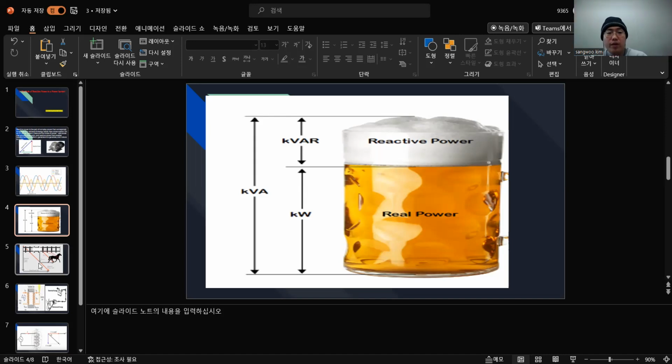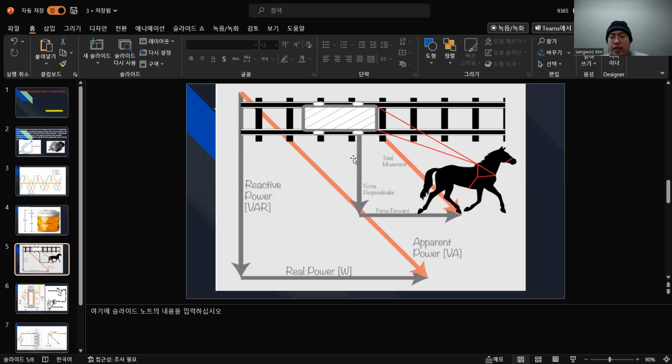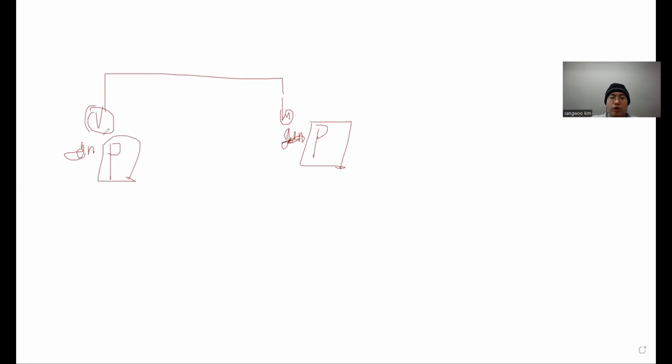Let's see more. It's also related to dynamics a little bit, and I will try to explain. First of all, here is a generator, and then we need to use a motor. The generator part needs to make active power, and the motor is also working, so it needs active power.